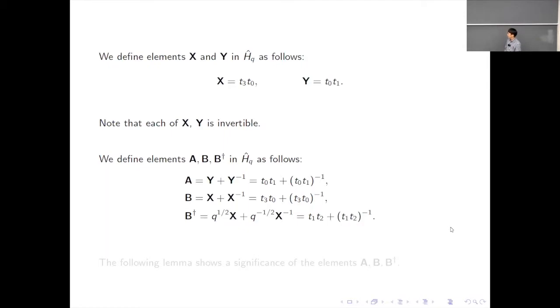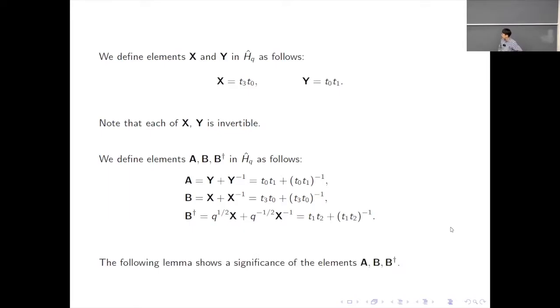A is y plus y inverse, that is, T0 T1 plus (T0 T1) inverse. B is x plus x inverse, that is, T3 T0 plus (T3 T0) inverse. And B dagger is q to the 1/2 power x plus q to the negative 1/2 power x inverse, that is just T1 T2 plus (T1 T2) inverse.